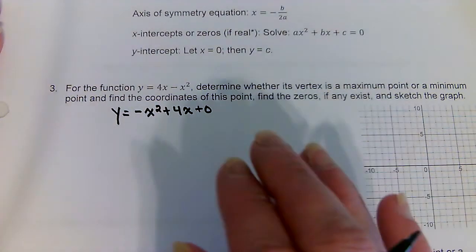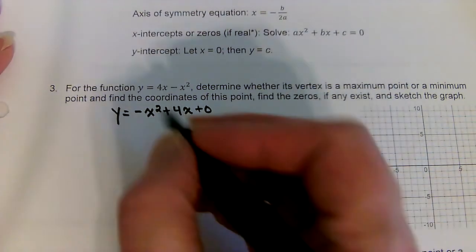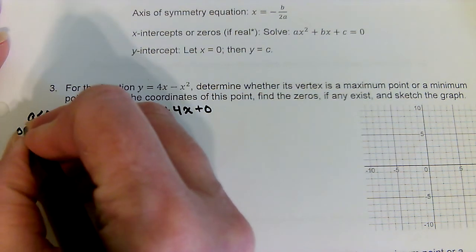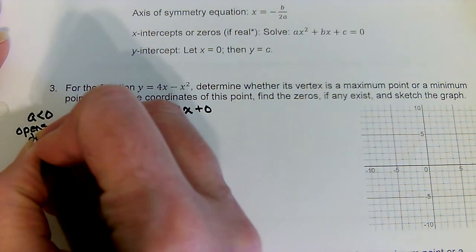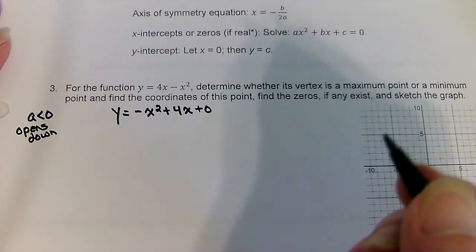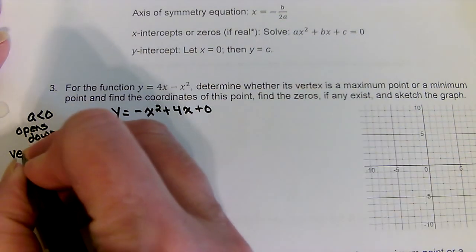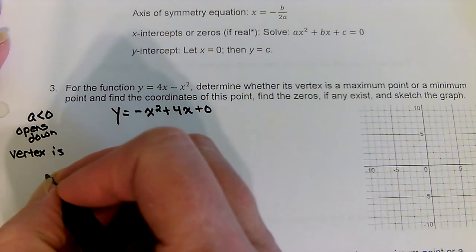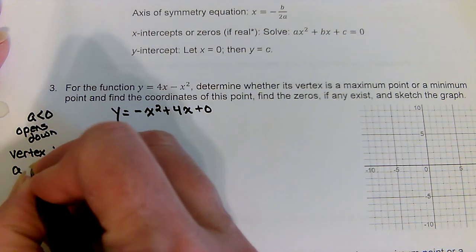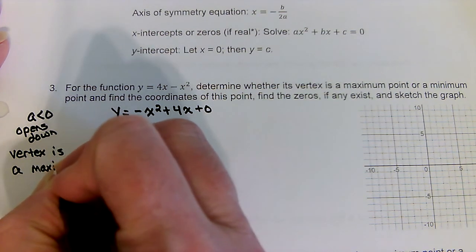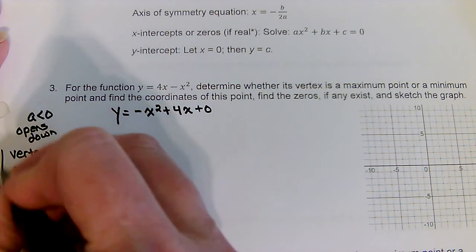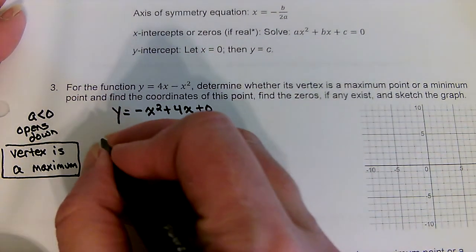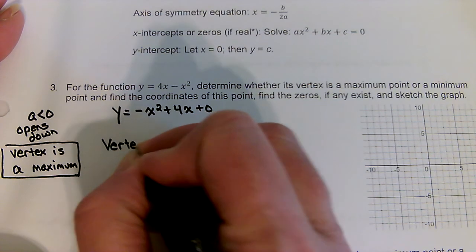Now it says, is the vertex a maximum or minimum? So a is negative, so this opens down. So what do I know about the vertex? If it opens down, vertex is a maximum. Then it says to find the coordinates of the vertex. So we've done that.